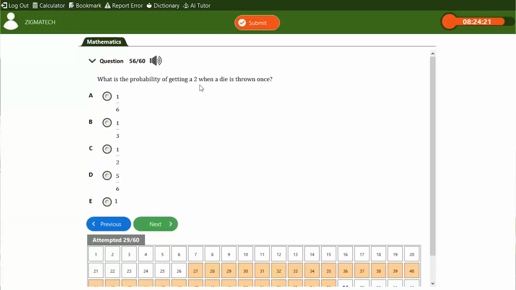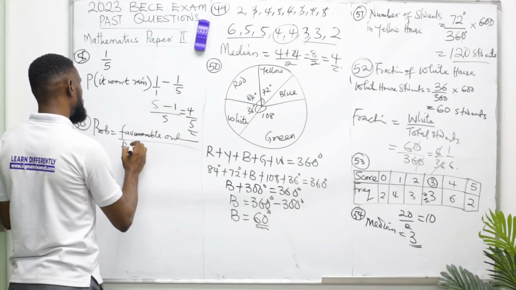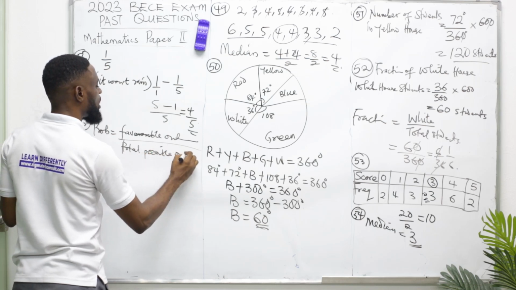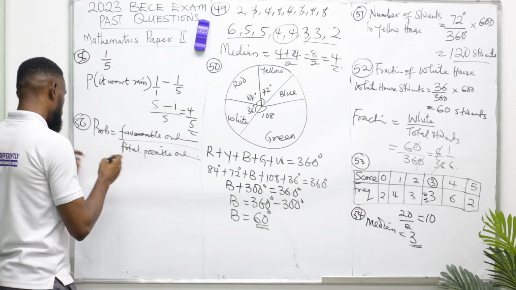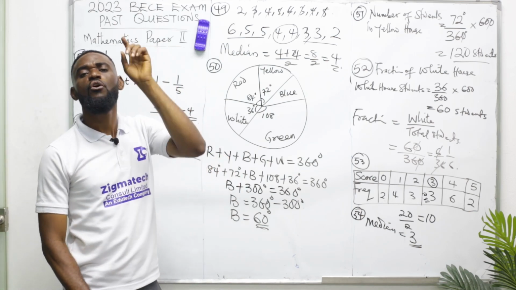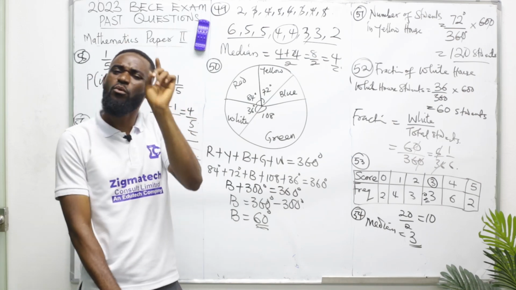Remember, probability equals favorable outcome divided by total possible outcome, right? Now, in a die, we have only one place with 2, right?